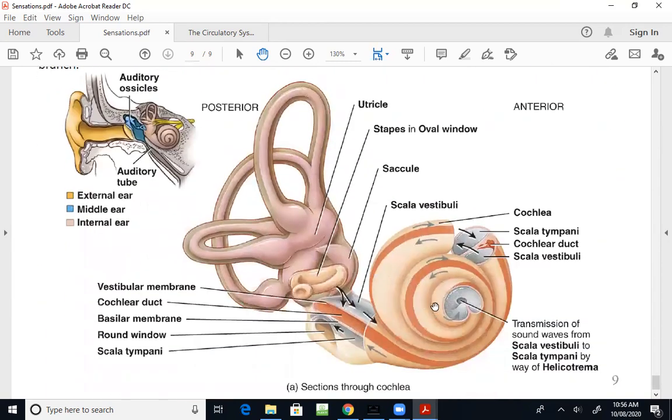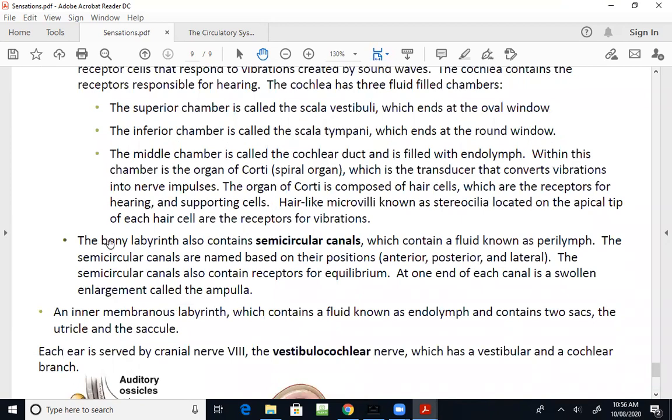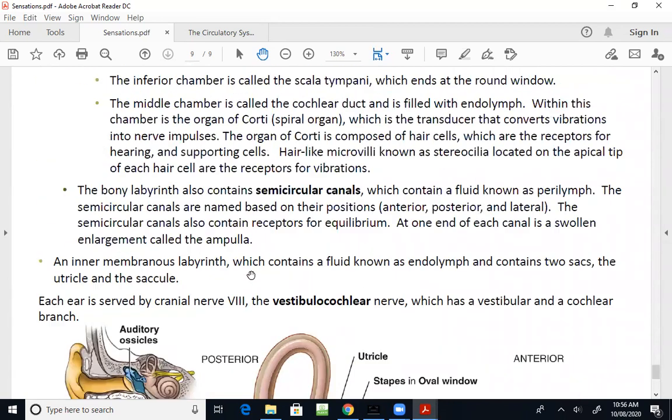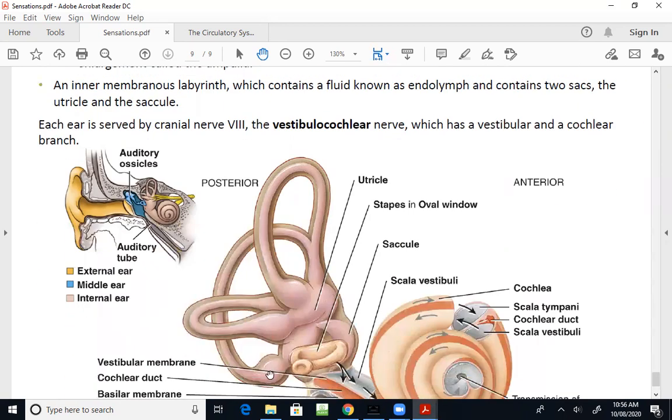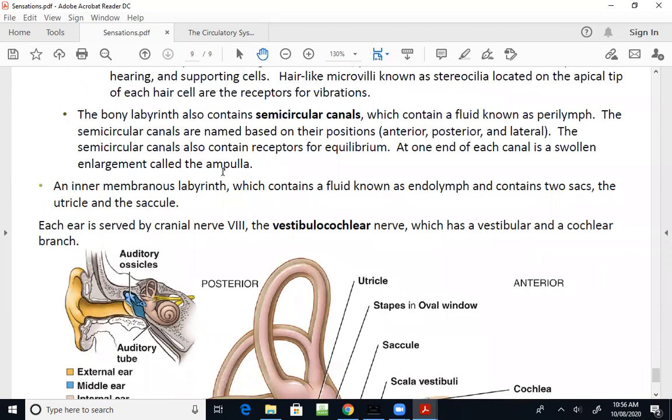None of that stuff is visible in the picture at the bottom. The other part of the bony labyrinth are these 3 semicircular canals, which contain a different type of fluid called perilymph. There's 3 of them: an anterior, a posterior, and a lateral. They also contain receptors for equilibrium, and at the end of each of those canals is a swollen enlargement, which you can see right there, not labeled, but that's okay, called an ampulla.